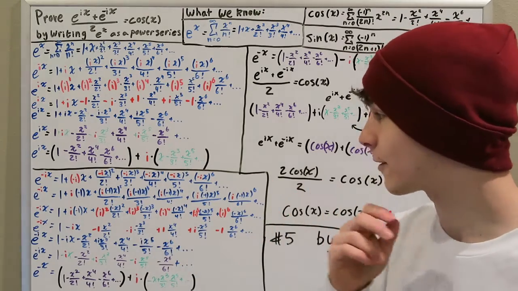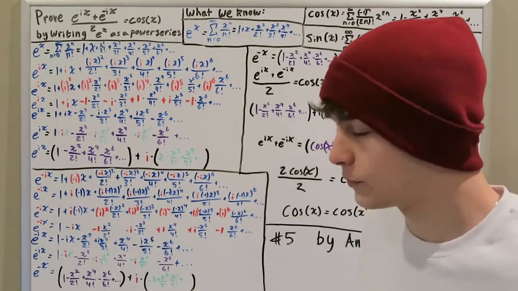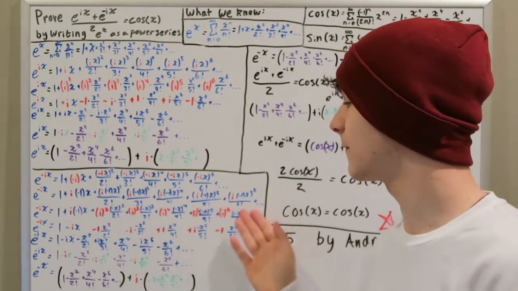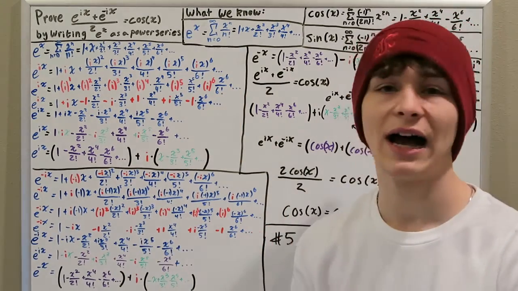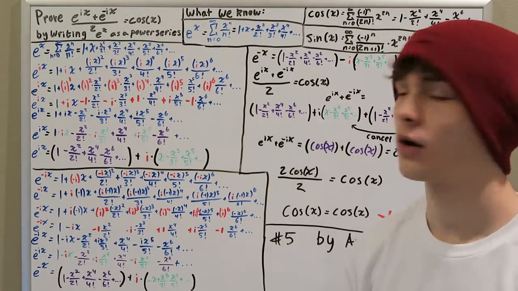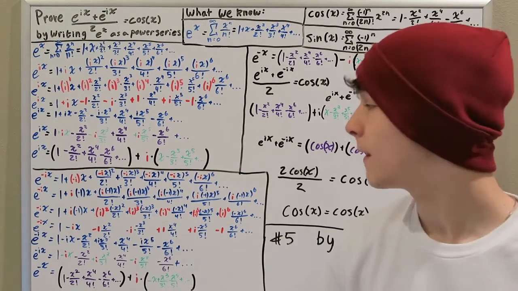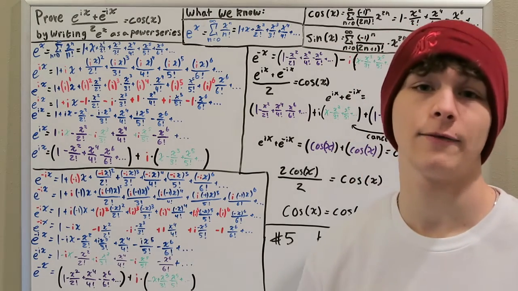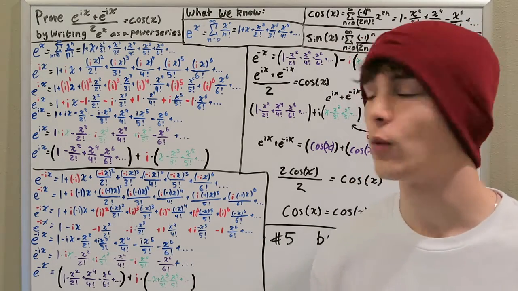This goes on forever. So from here, very similar to what we did earlier, I just evaluated for the different powers of i. So we know i by itself, or i to the power of 1, is just i. And then we know i to the power of 2 is going to be negative 1, i to the power of 3 is going to be negative i, i to the power of 4 is just going to be 1.